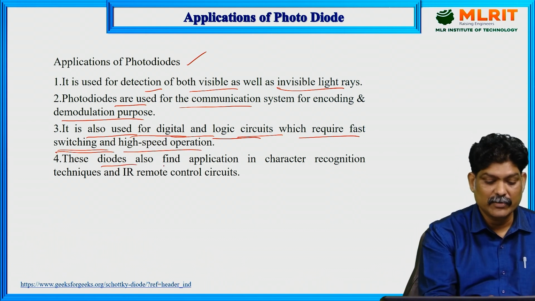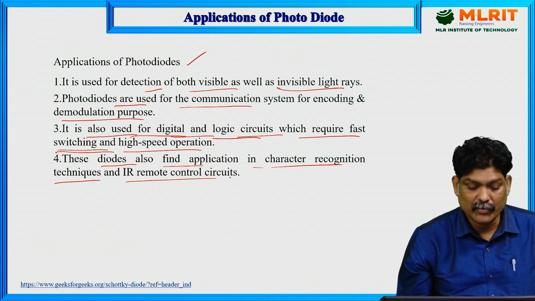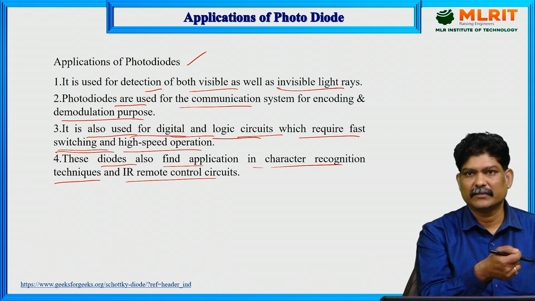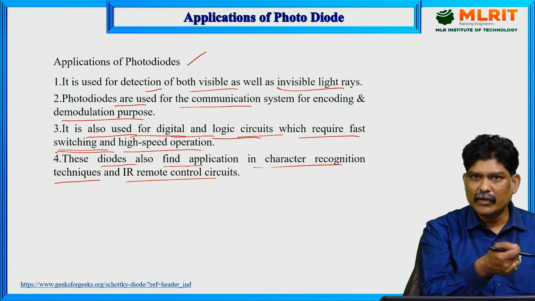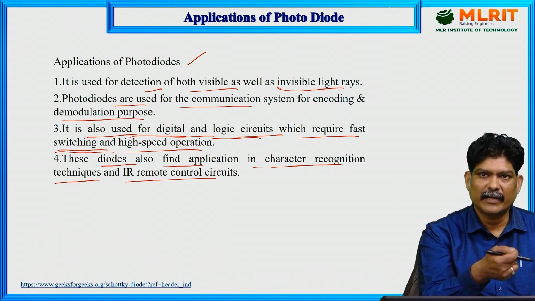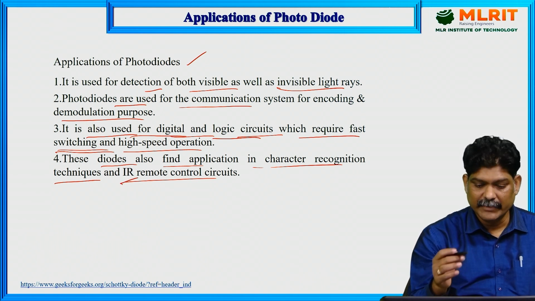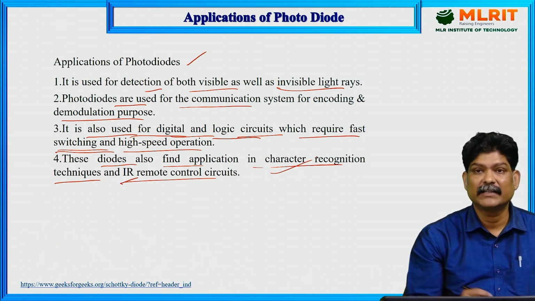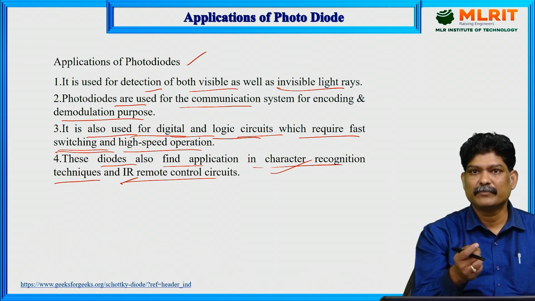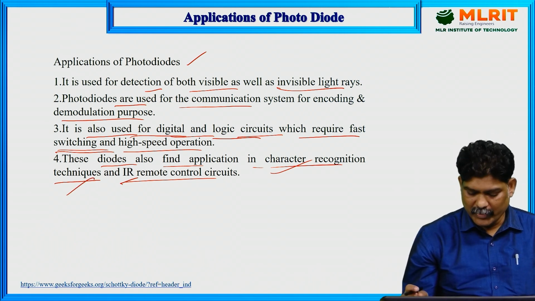These diodes also find application in character recognition techniques and IR remote control circuits. In IR remote control, like a TV remote, invisible rays are there, and in order to detect these IR signals we can use a photodiode. A photodiode can detect these IR remote control signals, and also perform character recognition, where each symbol or letter can be detected.